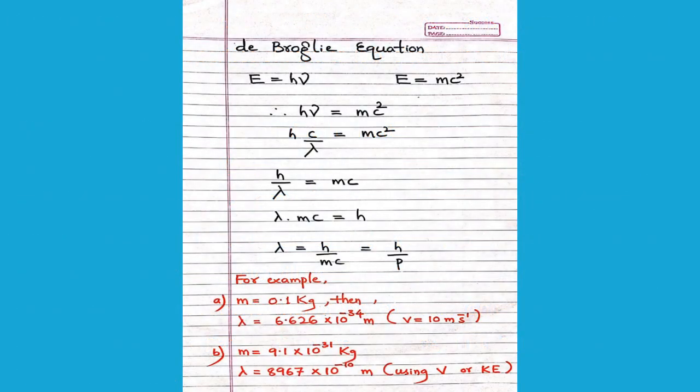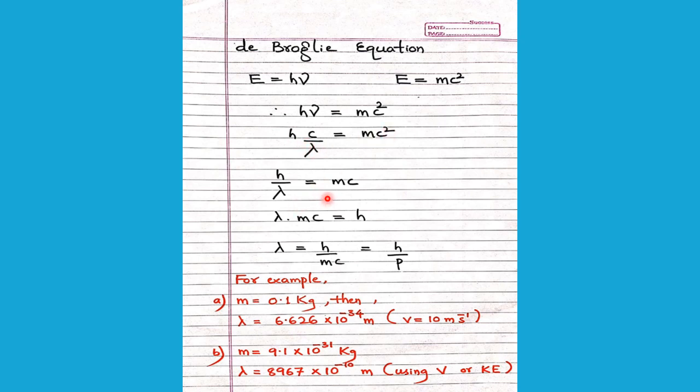We will see the de Broglie derivation. He combined two famous equations, Planck's equation and Einstein's equation. Both are related to energy. So h nu equals mc square. What is nu here? Nu equals c by lambda. So c cancels. What will we get? h by lambda equals mc.